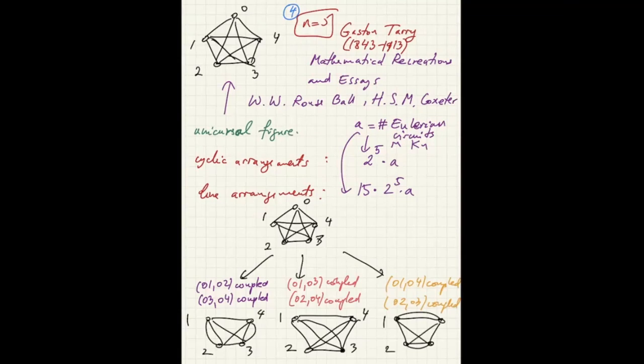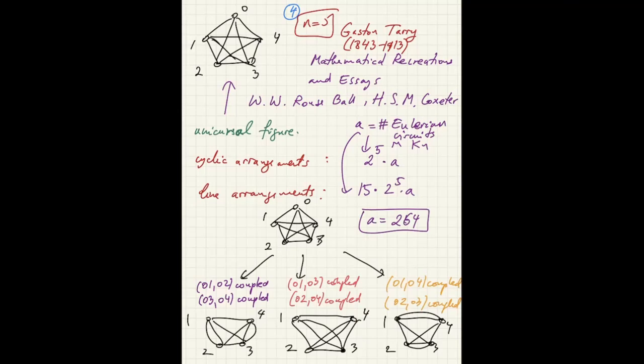Then you can reduce the problem further from these graphs. They're all the same, these three ones, so it's enough to calculate the number for one of them. And I think in the end you can end up with this A being equal to 264.